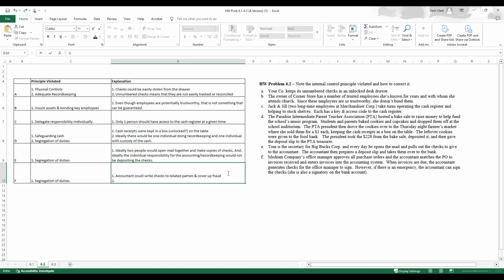And again, that kind of gets back to this point about writing the checks, doing the fraud. Let's see. Yeah, I think that's kind of the main thing. I guess we could say ideally the accountant shouldn't be a signatory on the account. Owner or another employee should review all checks before signing.